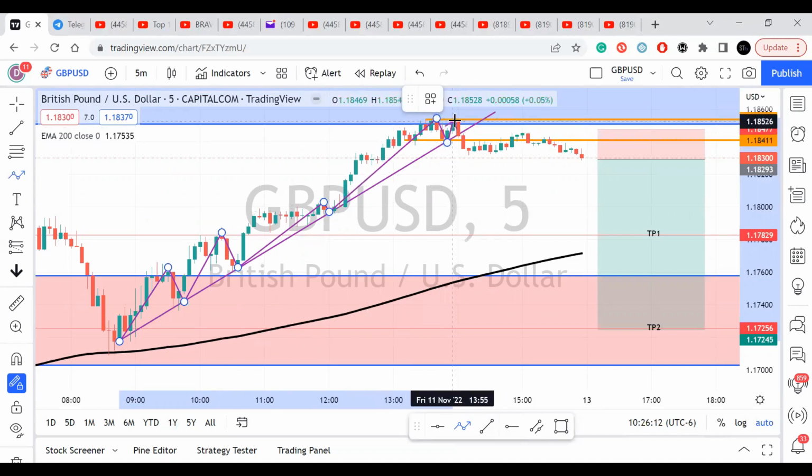So price came back, we have a break of this trend line, and then a retest. Then yeah.